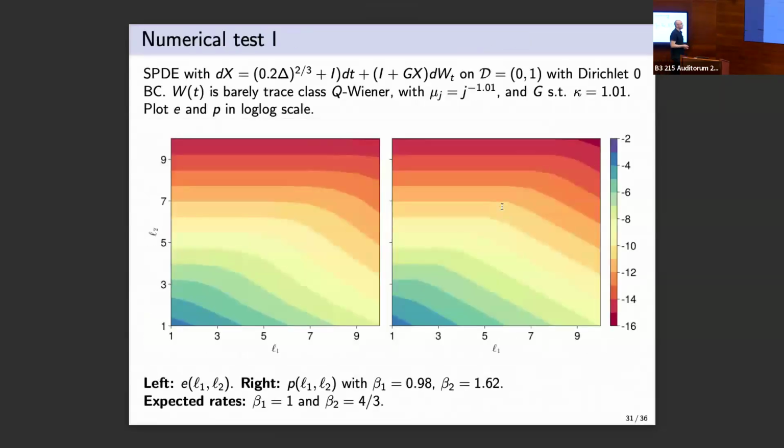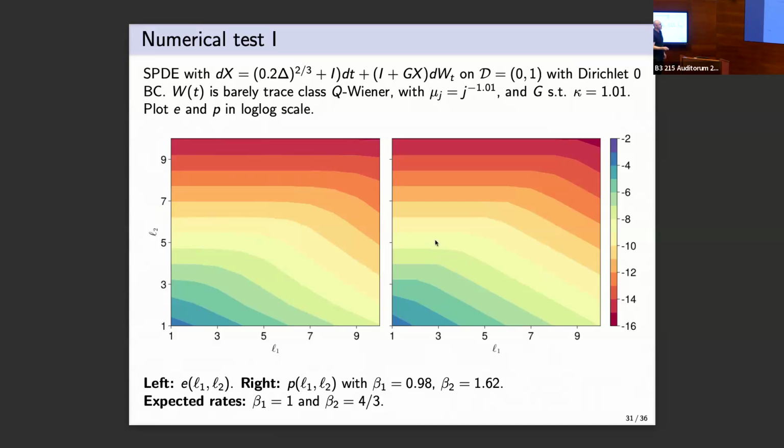So the left-hand side here is for the SPDE which is given here. Now the reaction term is linear. Anyway, here it's really the intersection of two planes, which is exactly what you would expect if you have a mixed convergence rate as well.